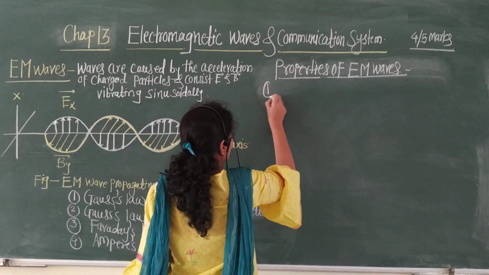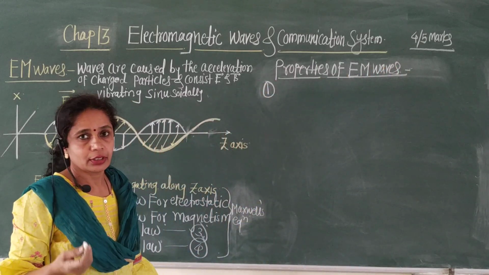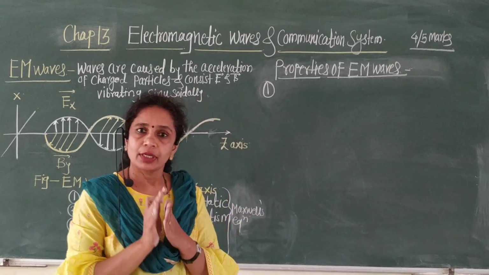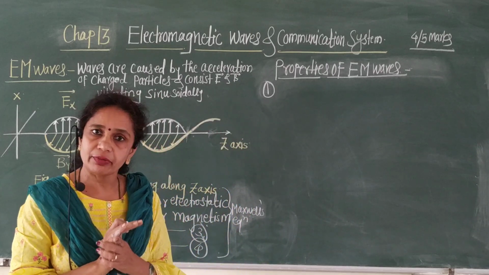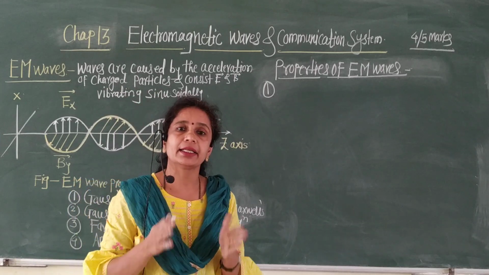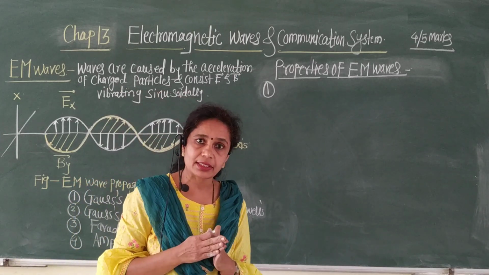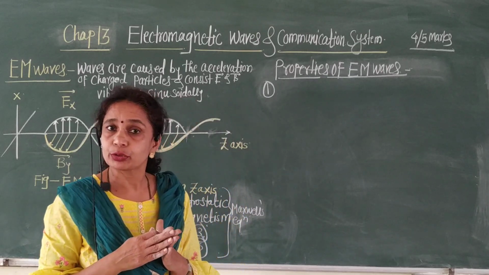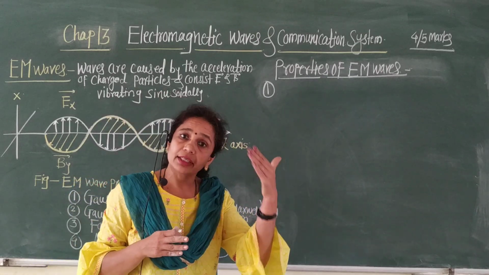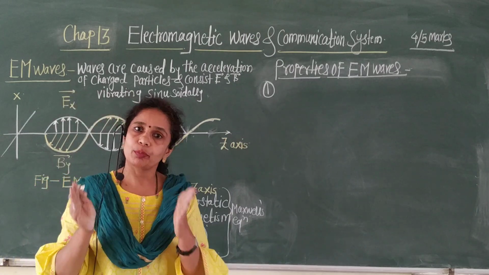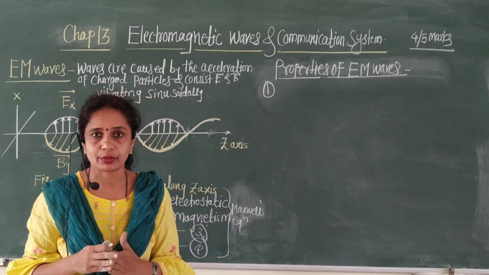First, as you know, the electromagnetic waves consist of electric field E vector and magnetic field B vector. Both these fields are perpendicular to each other and perpendicular to the direction of propagation of waves.